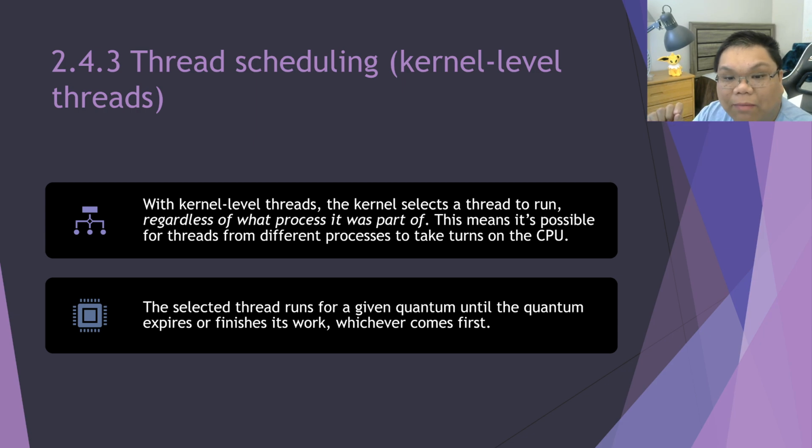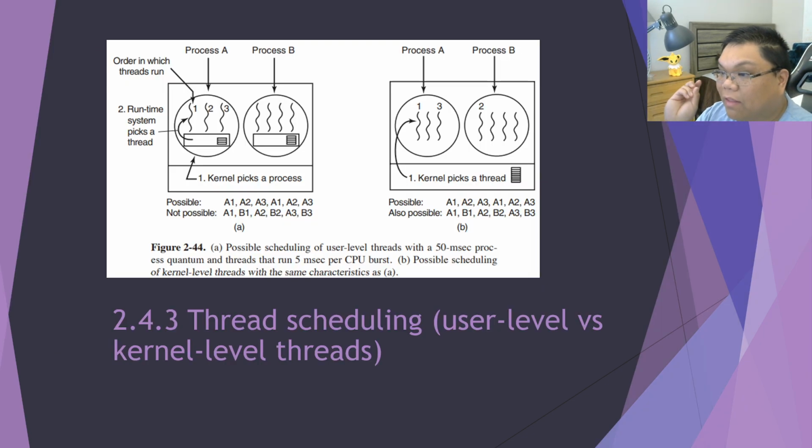This can pose a problem. Let me back up. On the level of user level threads, we could have thread 1 of process A run, and then thread 2 of process A running, and then thread 3 of process A running, and we can have those alternate between one another.